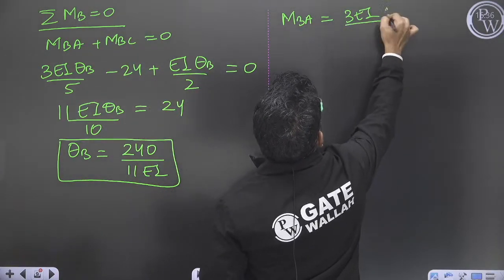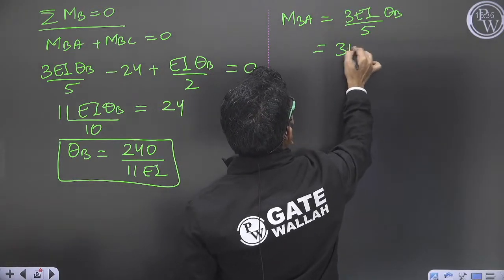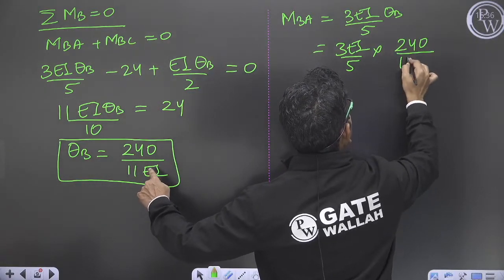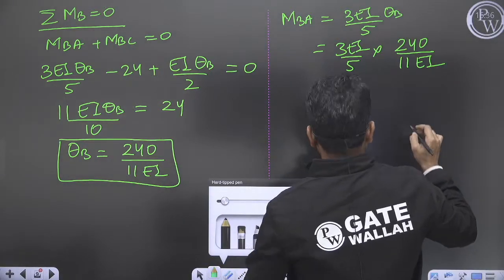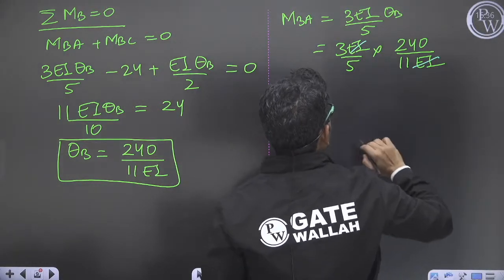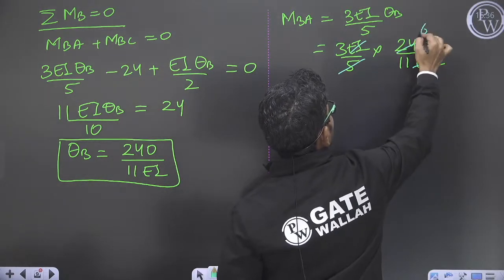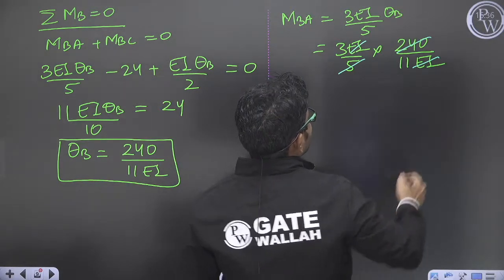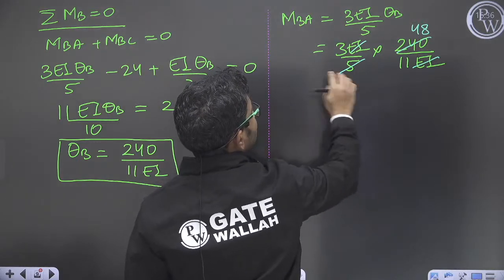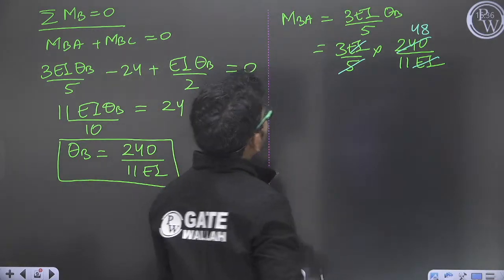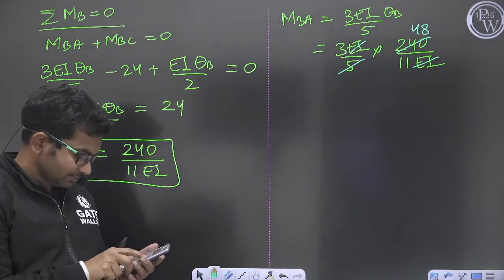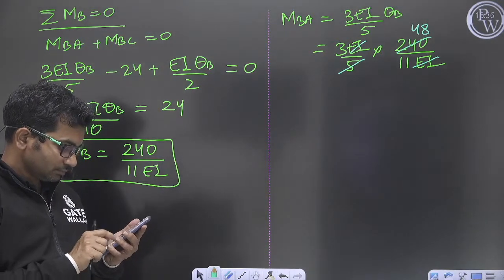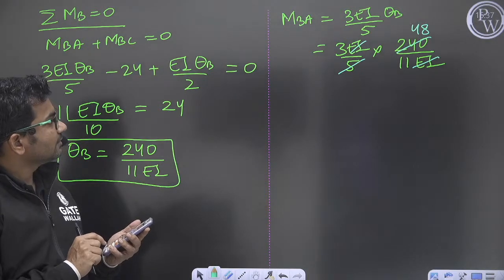So 3 EI by 5 into theta B, which is 240 upon 11 EI. 5 6 are 30, sorry, 240 divided by 5 will be 48. So 3 into 48 by 11. MBA is 3 into 48 by 11, which is 13.09.